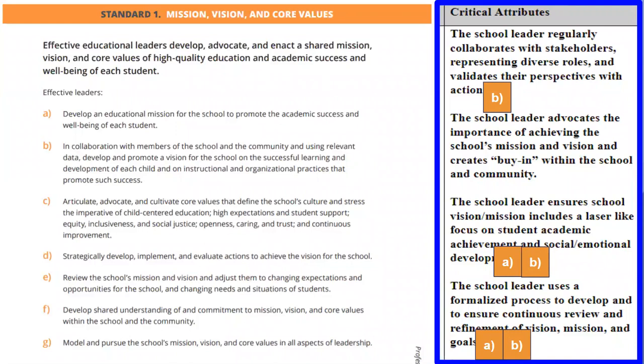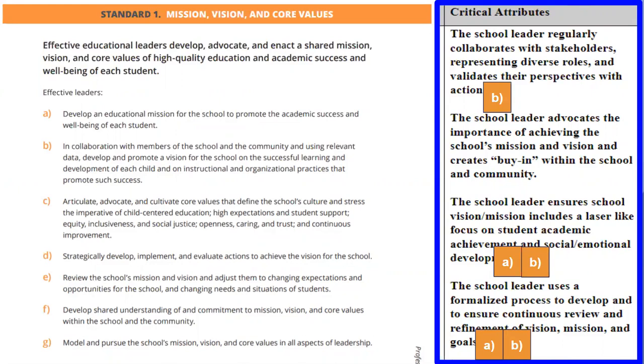Clearly, the first attribute is about regular collaboration with diverse stakeholders. Thus, the idea of collaboration connects element B and the first critical attribute. The third critical attribute embeds the idea of student growth and improvement. That focus is also evident in element B as the language successful learning and development of each child indicates.